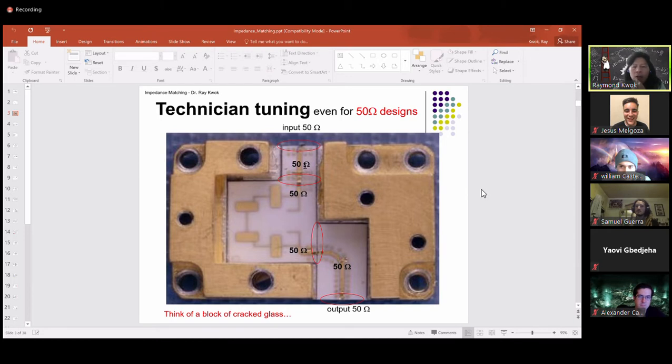And then you give it to the technicians, and they use a Q-tip or toothpick with some gold ribbon or copper strip or dielectric block. They poke around, and then they'll make it work, right? So they are the magicians. Exactly what are they doing? Why would they poke around and make things work? Why is it not working to start with?